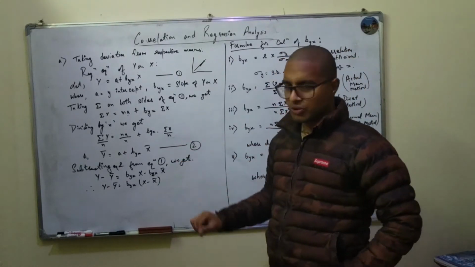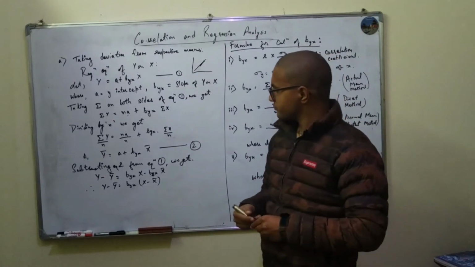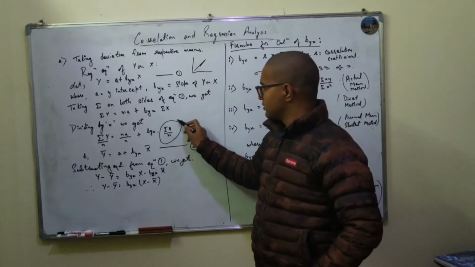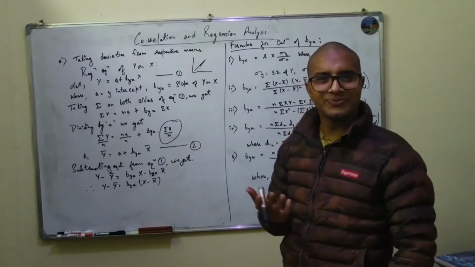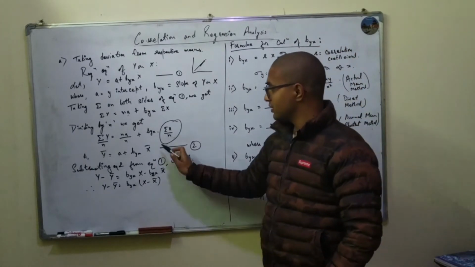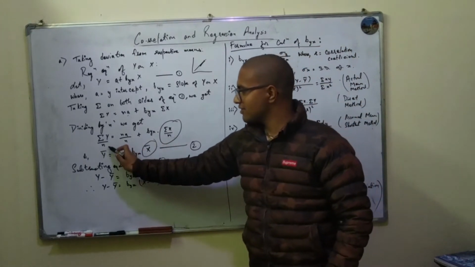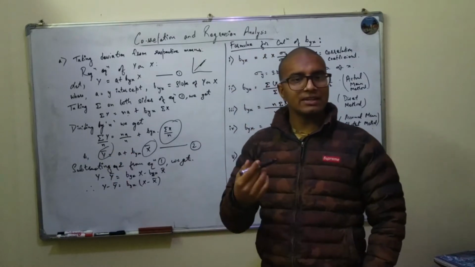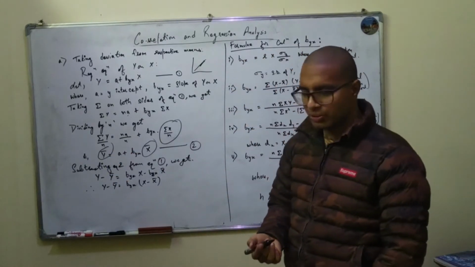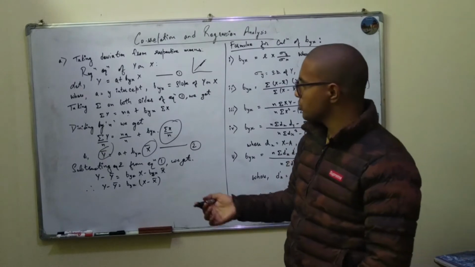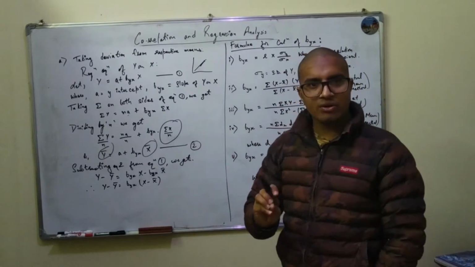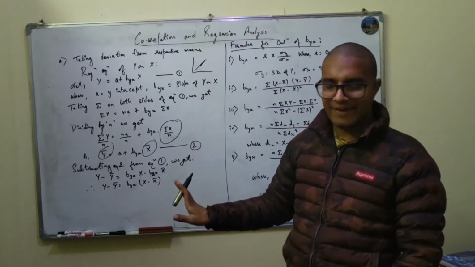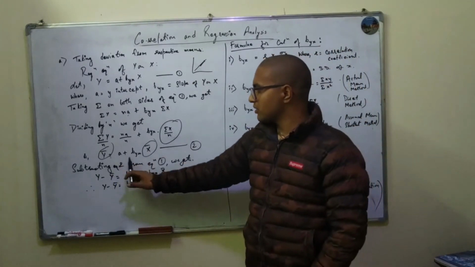Do you see this particular thing? Don't you think this is what we already know? Yep, it is the mean. So we can replace that value by the mean. When computing means, we normally use the formula summation y by n or summation x by n, right? So we are replacing those values.